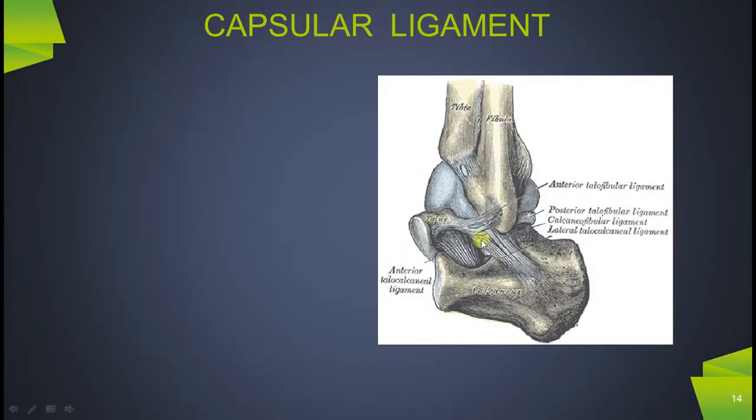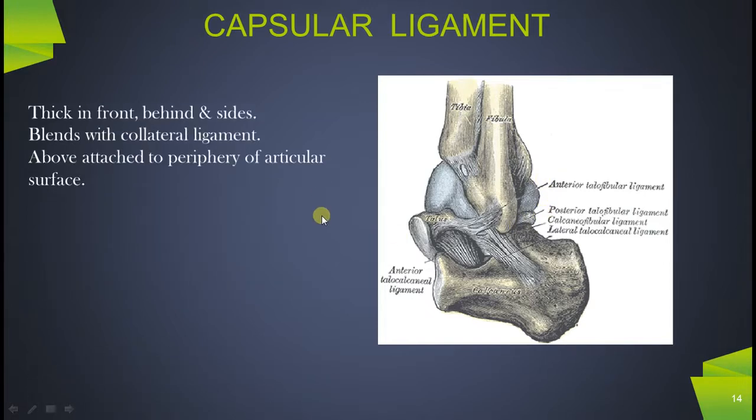The capsule of the joint is attached to the margins of the articulating surfaces, mainly along the margins of the tibiofibular mortise superiorly. Inferiorly, it is attached to the trochlea tali along the margins of the articulating surfaces.